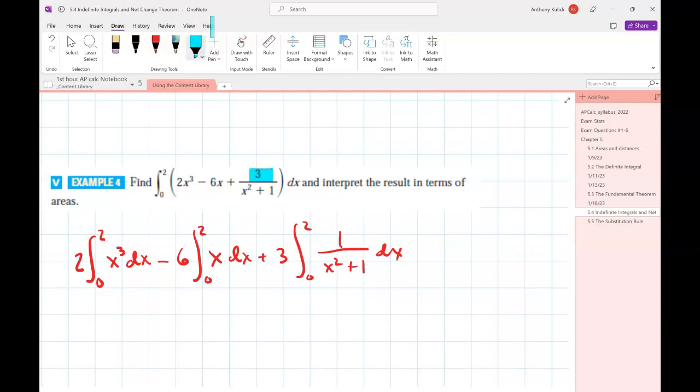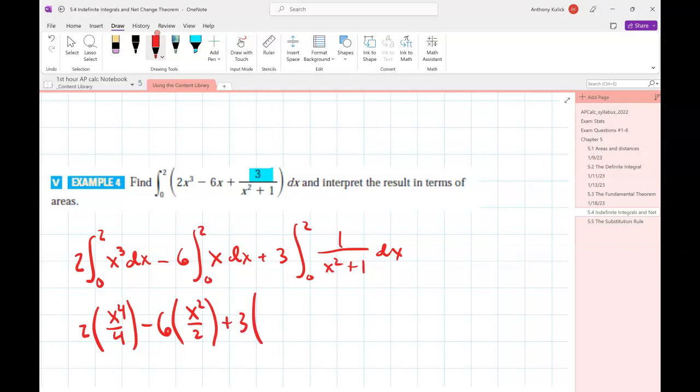The one that would have been easy to miss would have been that 3. That would have been the one I would have been concerned about you missing had you not done this step. Okay, antiderivative of x cubed is? Over 4. The antiderivative of x is x squared over 2. Excellent.